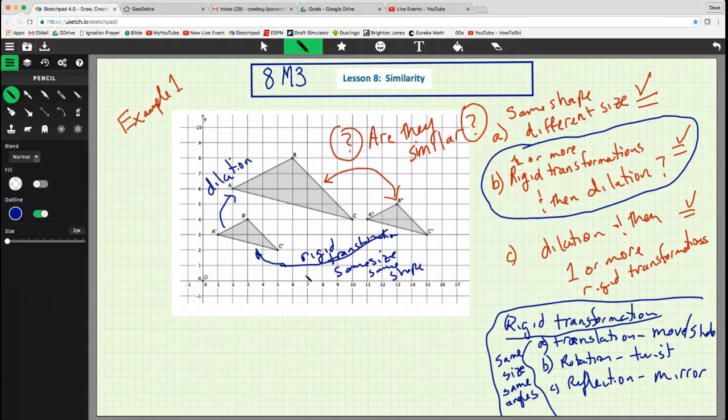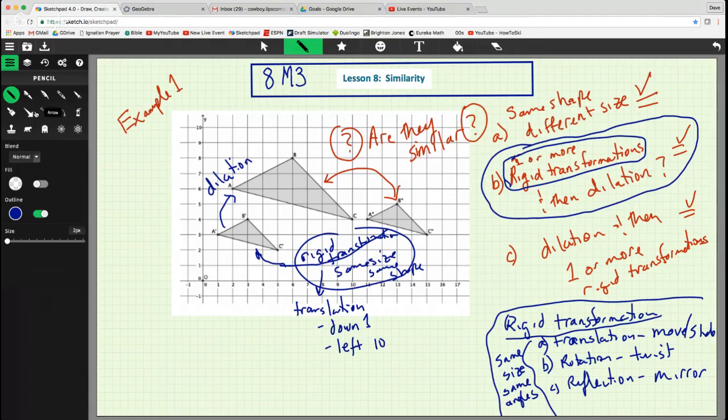So our rigid transformation is a translation of down 1 and left 10. And so this object and this object are congruent. So we've done one or more rigid transformations, and now we can do a dilation.